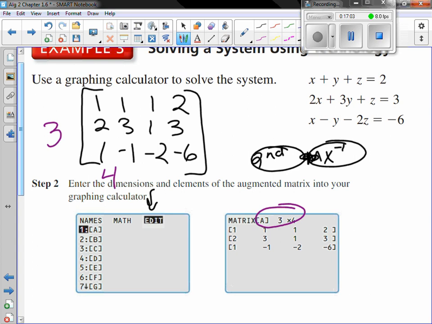You got there? Yes? Is anybody having any trouble typing this in? There's still a few typing it in. Once you get it all typed in, hit second. Careful, because we want this to be what kind of a 3 by 4.